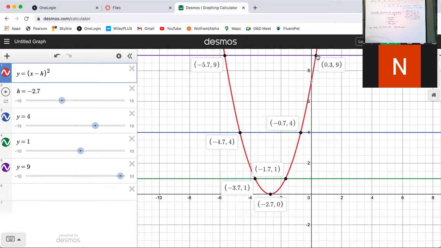Points that are the same distance to the left and to the right of the middle are going to have the same y value.